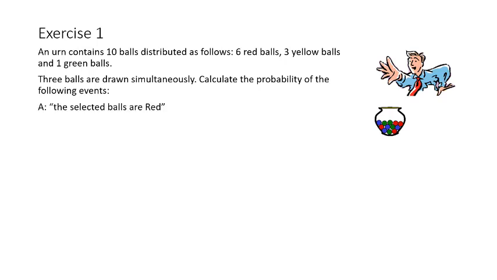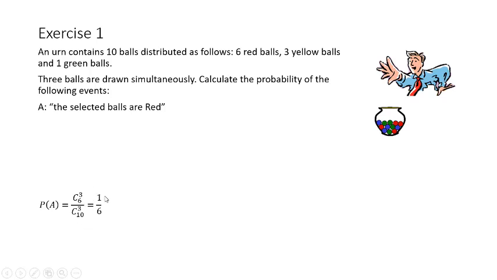A: the selected 3 balls are red. So I'm going to use combination, right? The number of possible cases here is C3 out of 10, as we did in the counting chapter. For 3 balls red, the probability of A equals C3 out of 6, because we have 6 red, over C3 out of 10, all the 10 balls.